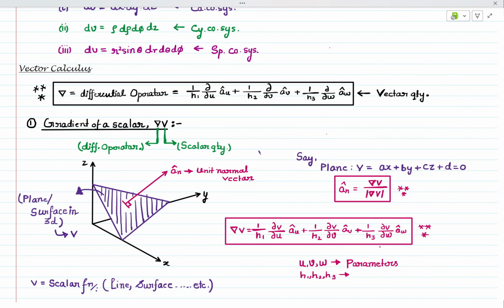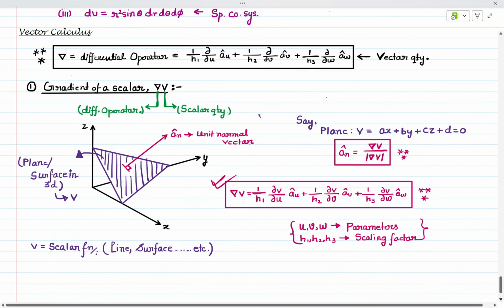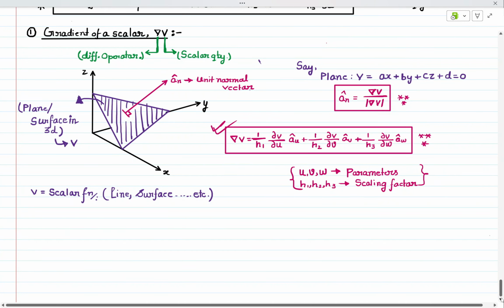If you haven't watched my last video, please watch it first. This is the same scaling factor that I discussed in my last video. So this is the actual equation of our gradient of a scalar, right? That is the important point.